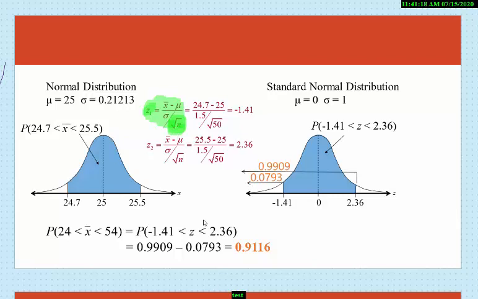Remember, if we are starting with a population, we are using this formula. When we start with a sample, we use this formula. We apply the numbers that we have. We get our two numbers right here. These are the z-scores.